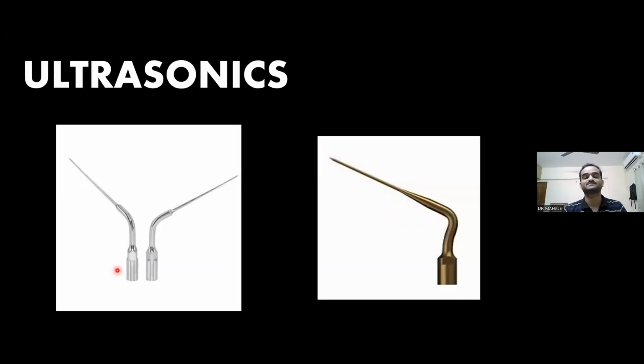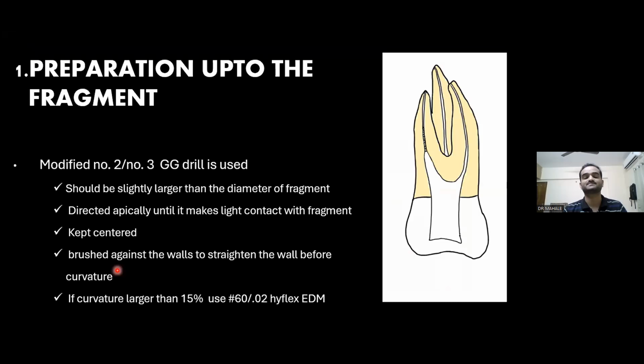So the first technique I would like to explain in mechanical instrument retrieval is ultrasonic. Again, the first step in retrieval using ultrasonic is staging. First, we will create a circumferential staging platform around the most coronal part of the file with a modified GG drill, which should be used at a reduced speed of around 300 RPM.